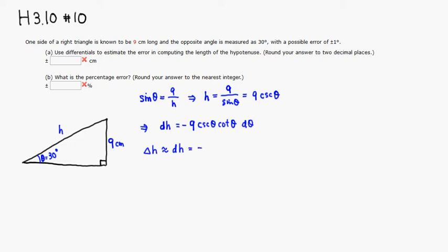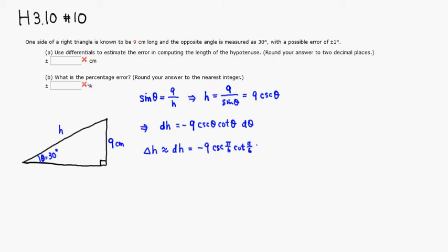So negative 9 is a constant, and then cosecant of 30 degrees, so 30 degrees is pi over 6. And then you have a cotangent of pi over 6. Then multiply by d theta.